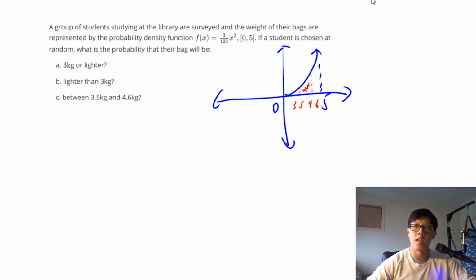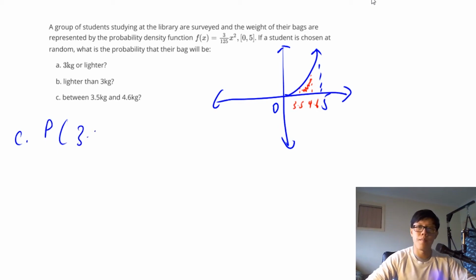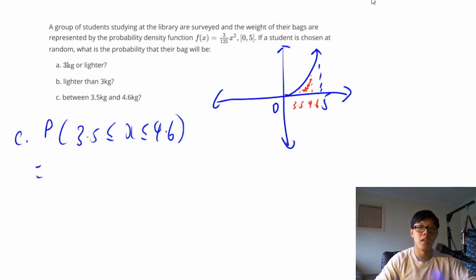So I'm trying to find this area here. So we can do that in a very similar way. Again, it doesn't really matter if we have the less than or equal to sign or if it's just the less than sign. So I'm integrating between 3.5 and 4.6 because that's where we want the area underneath the curve.